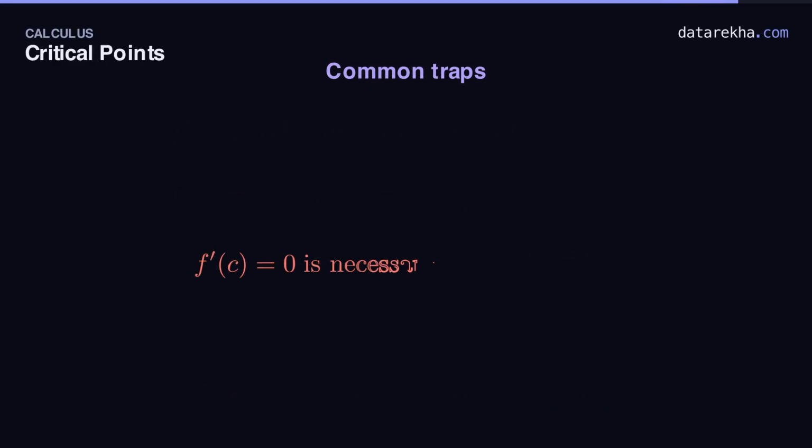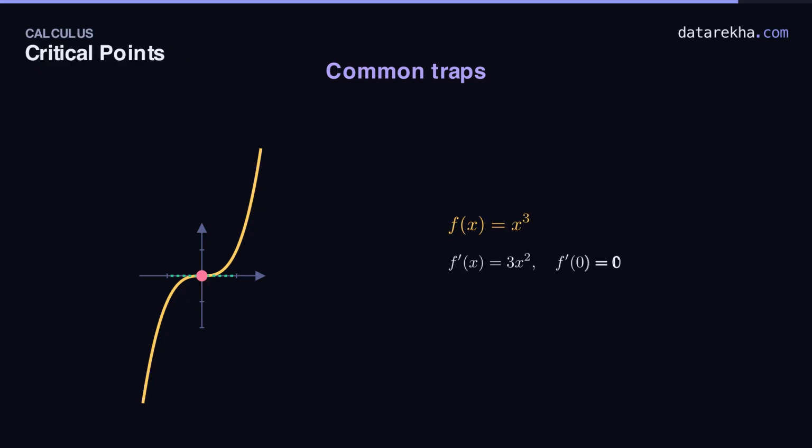Before the recap, the traps that catch people, and the first is the big one. The slope being zero does not guarantee a peak or a valley. Look at x cubed. Its derivative, 3x squared, is zero at the origin, a critical point, tangent flat. But 3x squared is never negative.